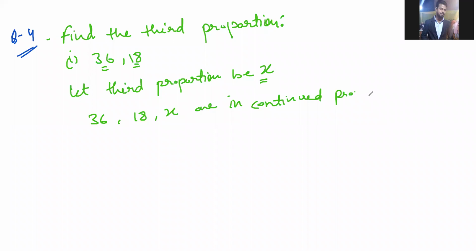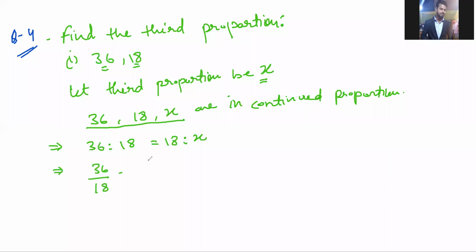So if they are in continued proportion, we can make a relationship between them. 36 ratio 18 is equal to 18 ratio x. Can we write like this? Because you have already understood how to write the relationship between three numbers if they are in continued proportion. 36 ratio 18 is equal to 18 ratio x. So 36 upon 18 is equal to 18 upon x.